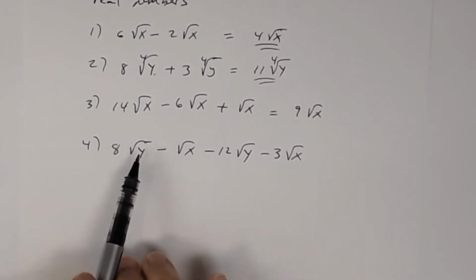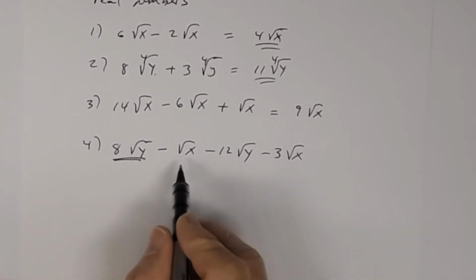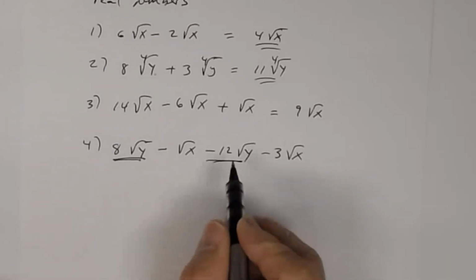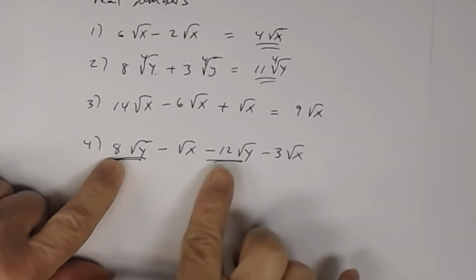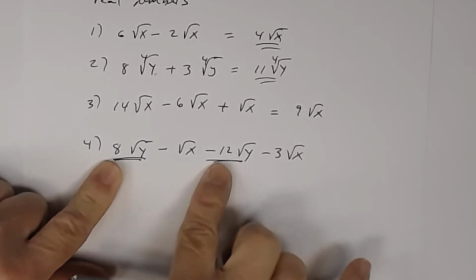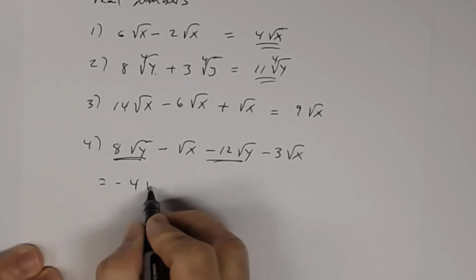So let's look at the first one. So I have a square root of y here. Is there another term somewhere that's like it? Yes, it is right here. So 8 square root of y subtract 12 square root of y gives me negative 4 square root of y.